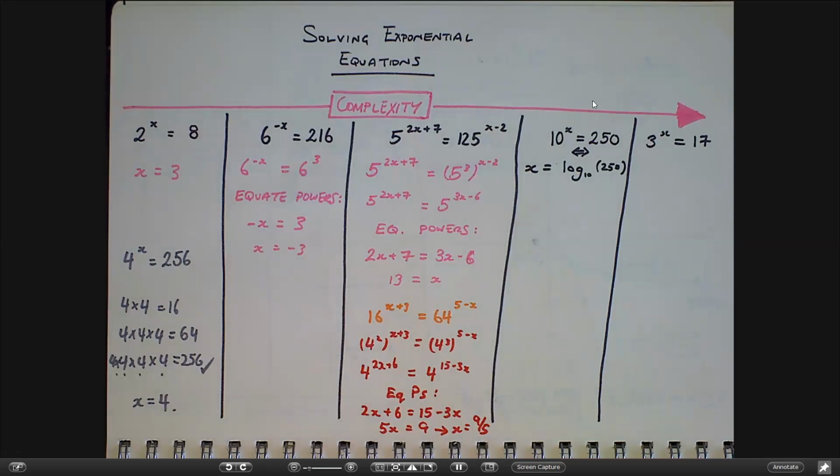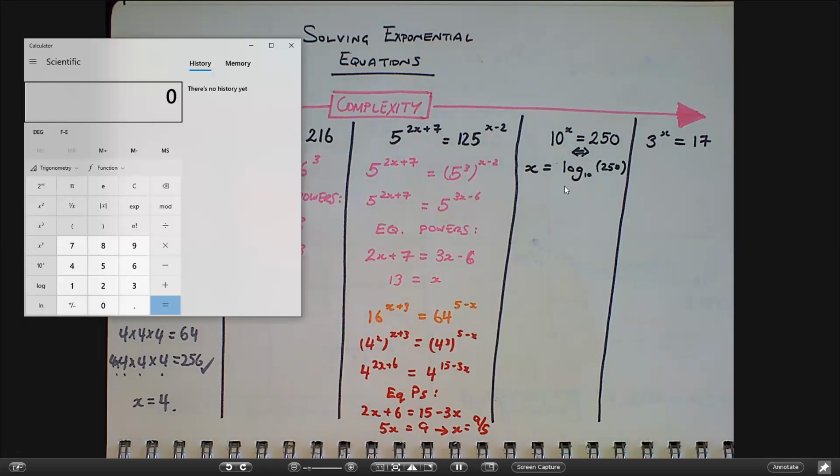It's just a rewriting of this here, right? So putting 10 to the power of x and equaling it to 250 is exactly equivalent, just written in a different way, to x equals log to base 10 of 250. So what does this statement here mean? It means x is the number that you would have to raise 10 to, to get 250.